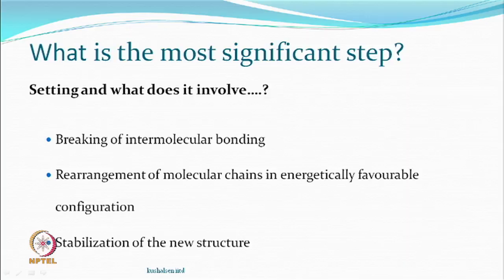So, we believe that setting becomes in any thermoplastic system one of the more important contributors, and all those control systems that you will develop will also be based on the need that the setting would want.